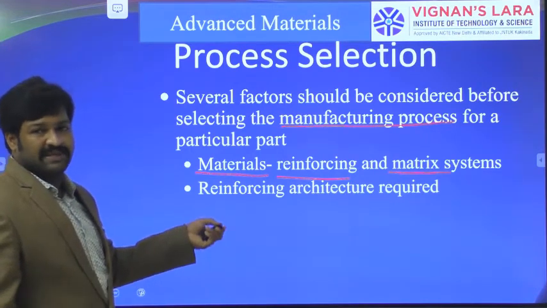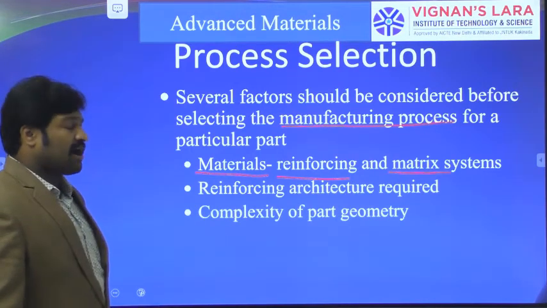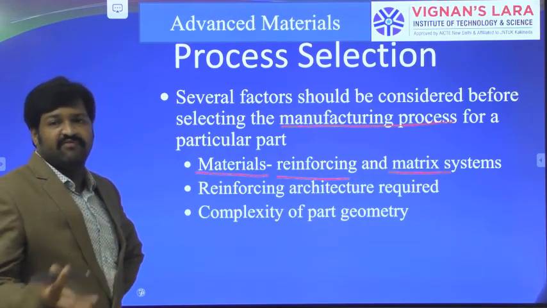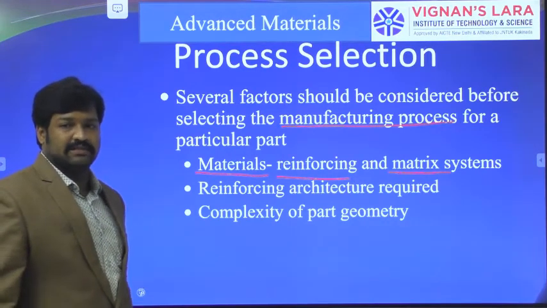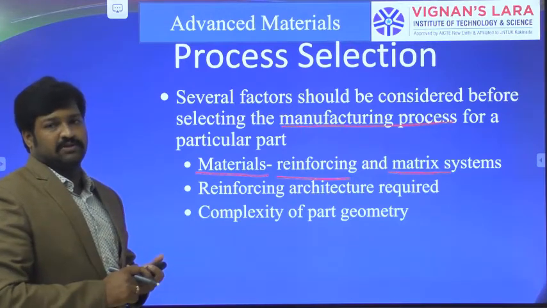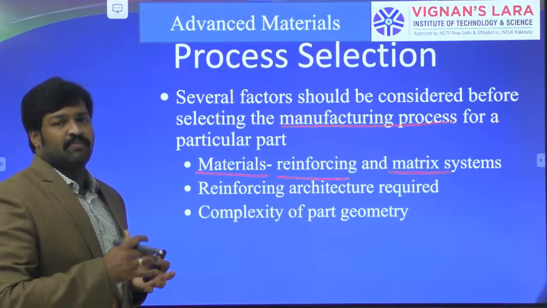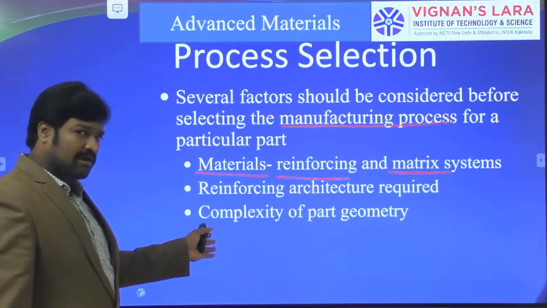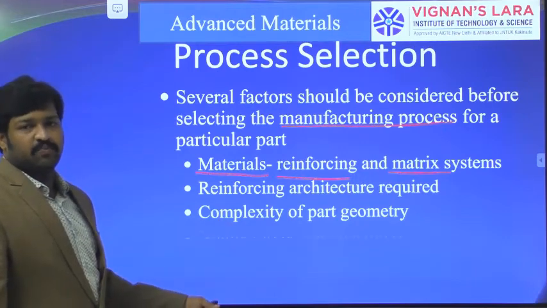That also plays an important role. Next, complexity of part geometry. Depending upon the complexity, we have various methods. If we are going for simple components, then we will use hand lay process. If it has some complex geometry, then we will go for closed mold process. So depending upon the complexity, we need to select our process.